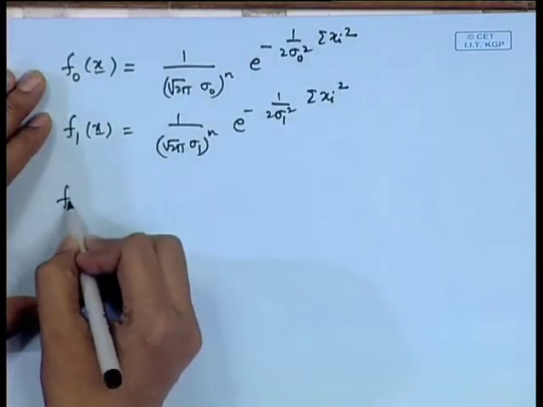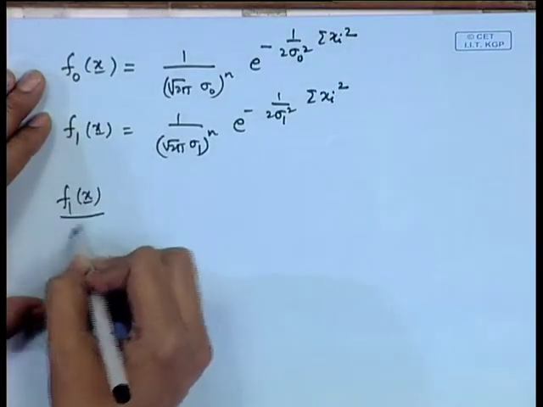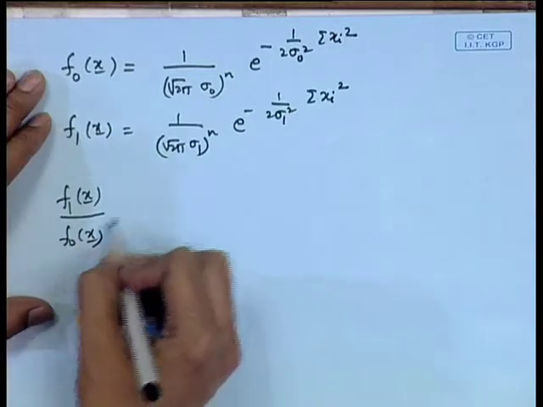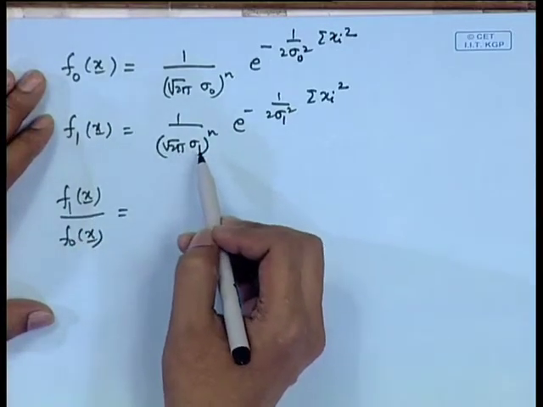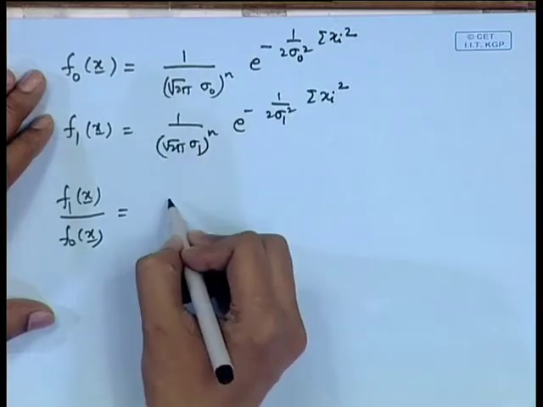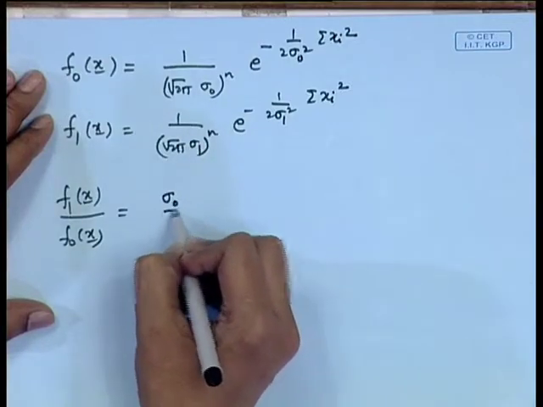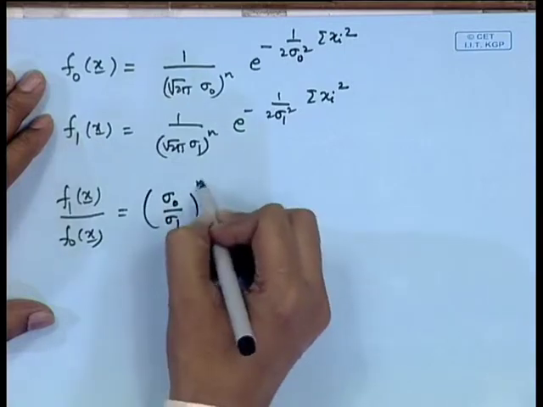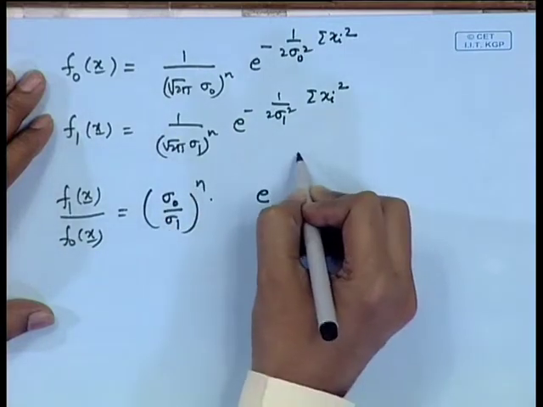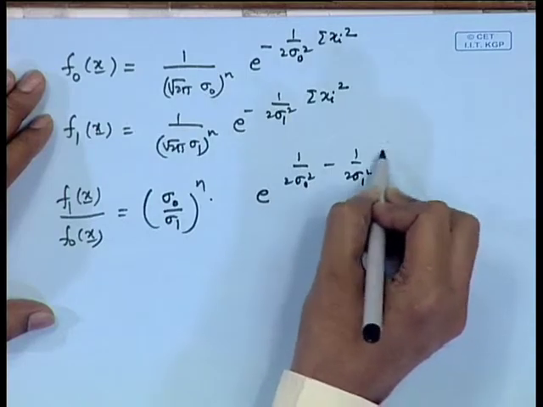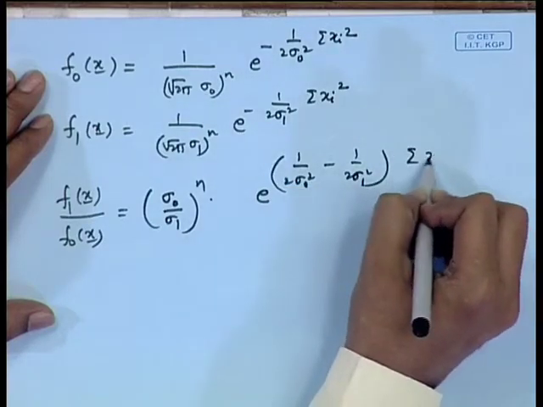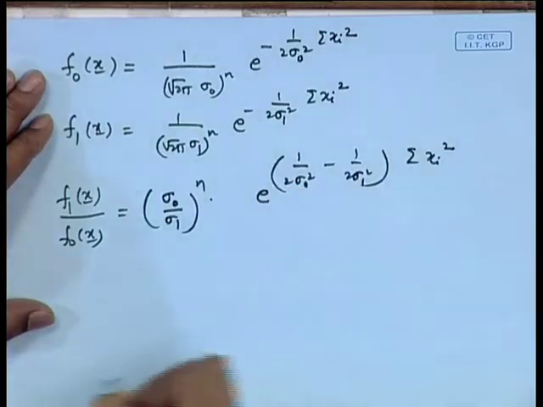If you consider the ratio f 1 x by f naught x, that is equal to sigma naught by sigma 1 to the power n e to the power 1 by twice sigma naught square minus 1 by 2 sigma 1 square sigma x I square.